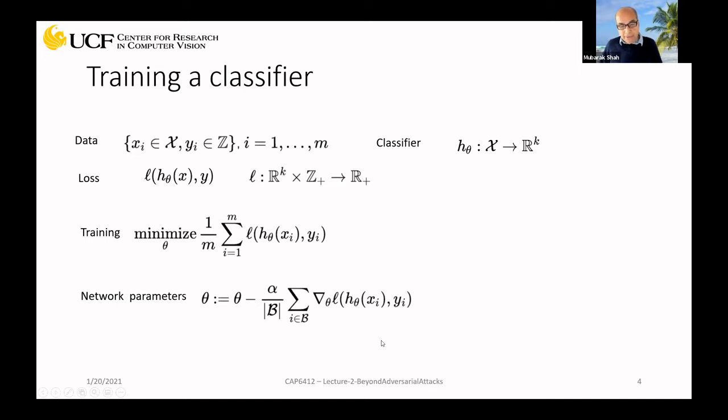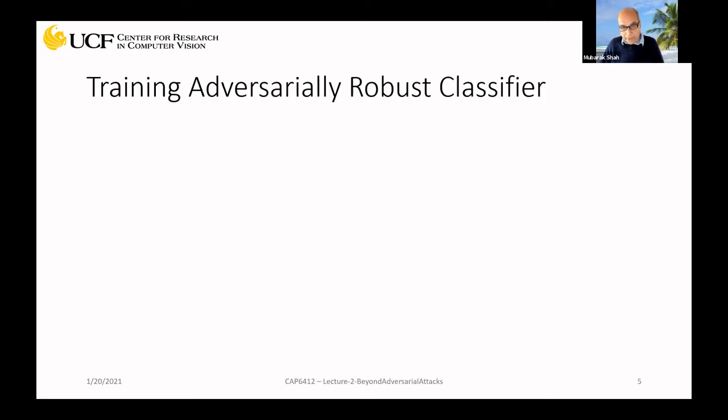That's stochastic gradient descent to train the classifier. It's a standard thing. That's what you have learned.